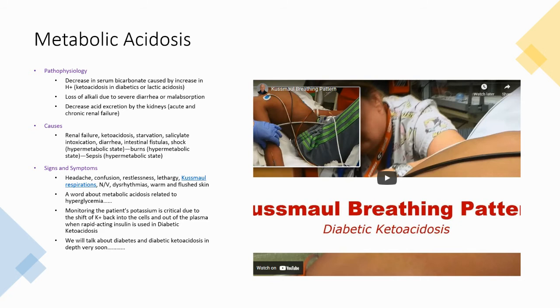So just think in your mind's eye, when you have been studying about electrolytes, what this shift could do in the body. So we've got more than one problem here, but you'll be able to talk about diabetes and diabetic ketoacidosis in depth very soon.